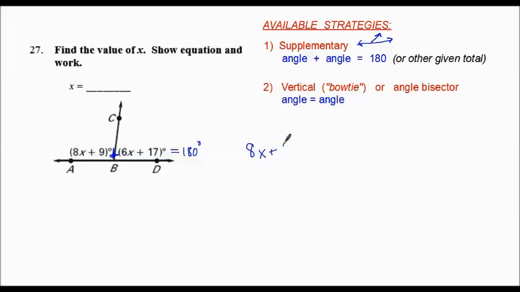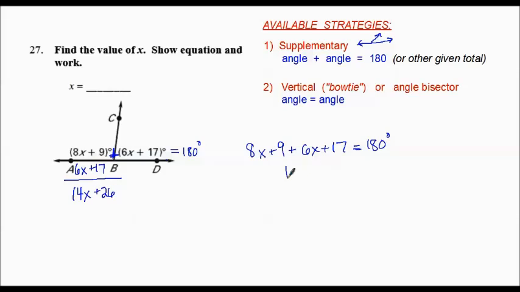8x plus 9 plus 6x plus 17 is equal to 180 degrees. If this looks a little bit too complicated for you, remember you can always write down the 6x plus 17 underneath the 8x plus 9 and just add them downwards there. 8 plus 6 is 14x's, and 9 plus 17 is just a 26.